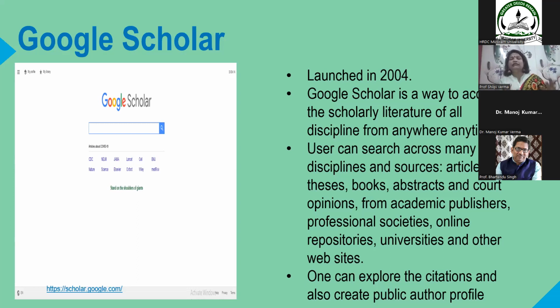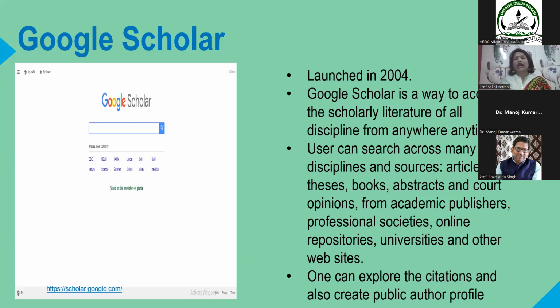If you want to know about the academic community, to judge them, to get them collaborated with you, or to know their actual strength, this can be used. Google Scholar profiles can be searched across many disciplines.